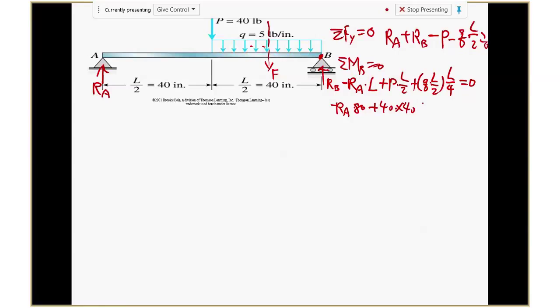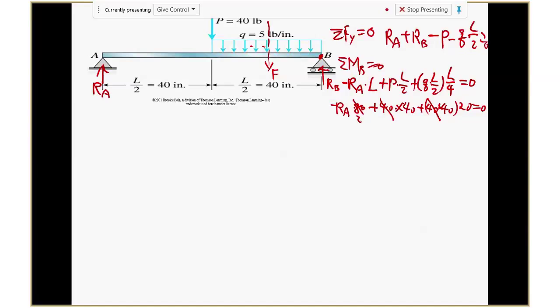So plus Q, that's 40, times half L, 40, and then times a quarter L, that's 20, so equals 0. Anyone have a calculator? Or we can just eliminate 40, eliminate 40, eliminate 40.